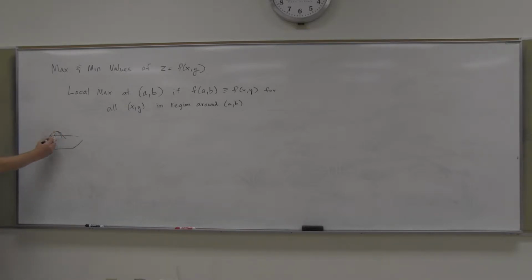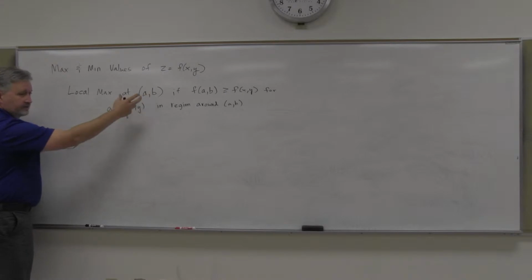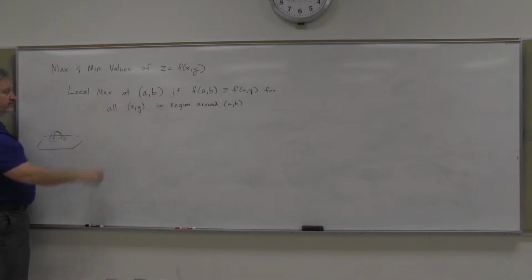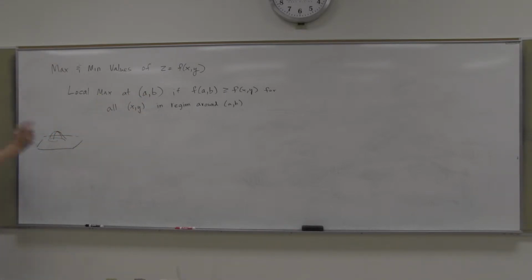But for that particular a, b value, it's bigger than all the points around it. So in this region around a, b, which is just an x, y in the xy plane, if you plug in all the other points around it, their function values are less than the one at f of a, b.